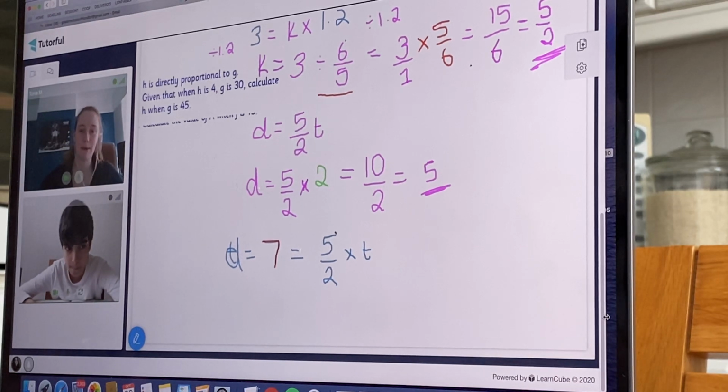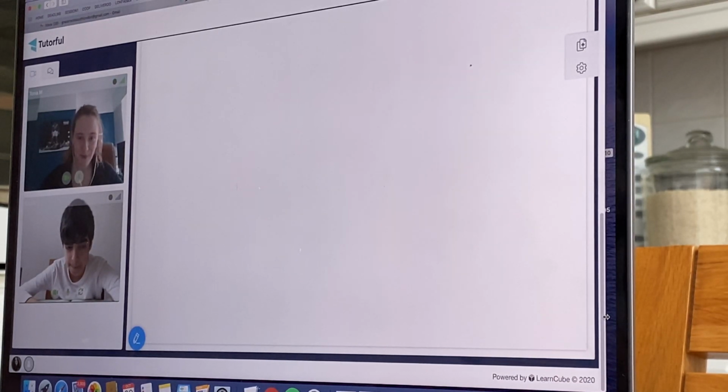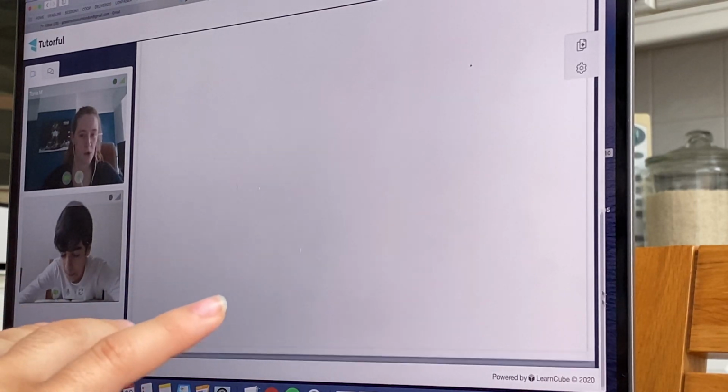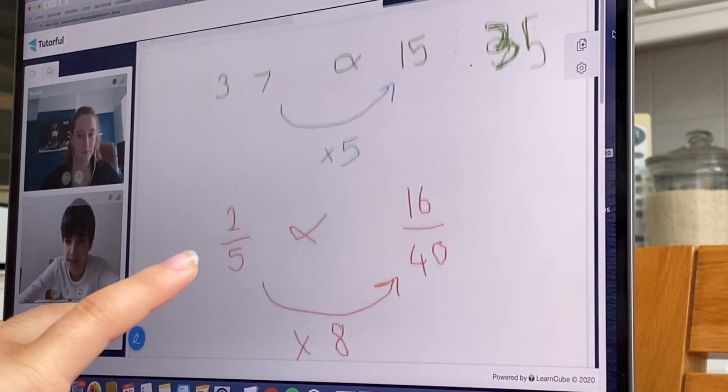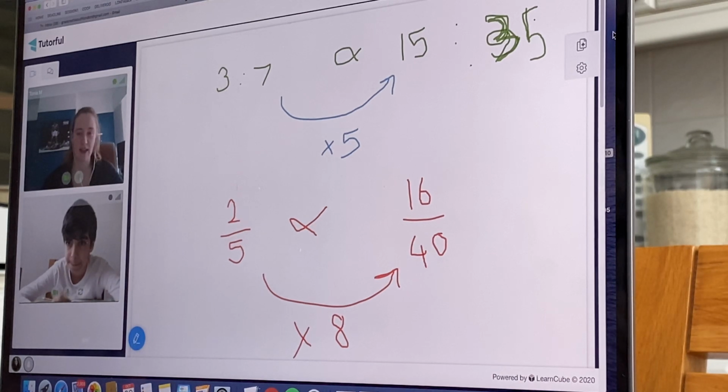Actually, you know what might be a better way to explain it? You remember when we did the ratios one at the beginning? We said that this one was times 5 and this was times 8. That is the k value for these, their multiple of direct proportionality.